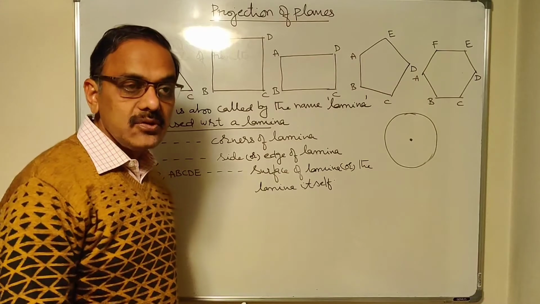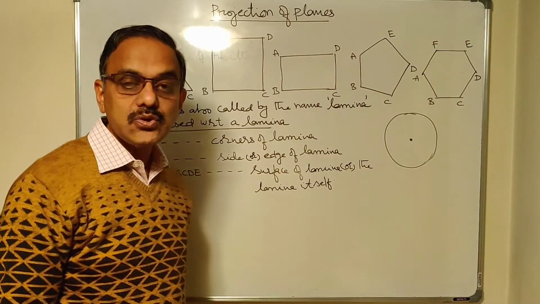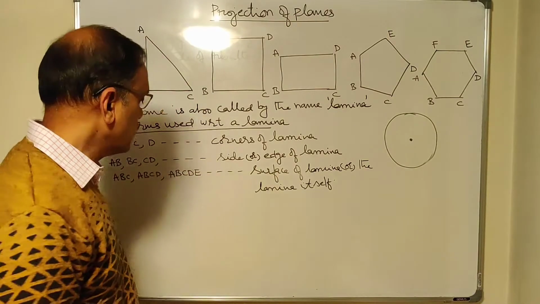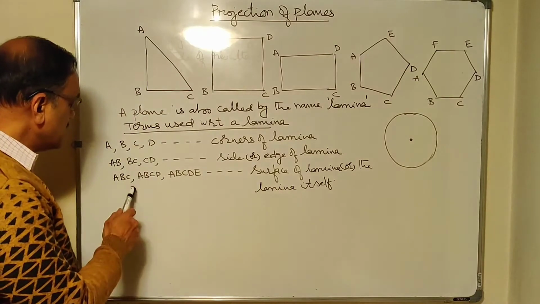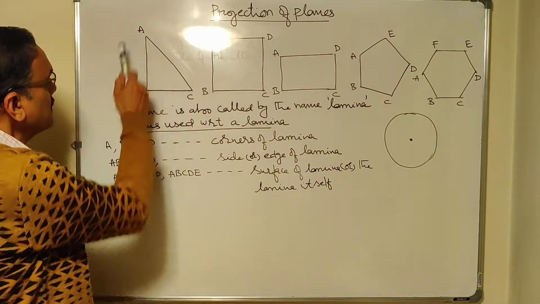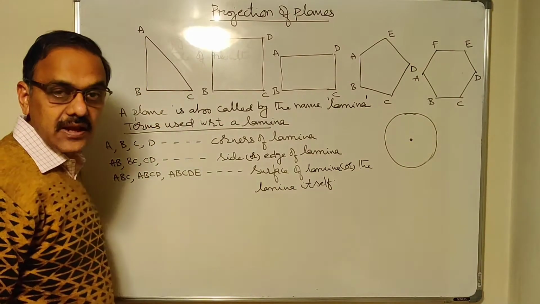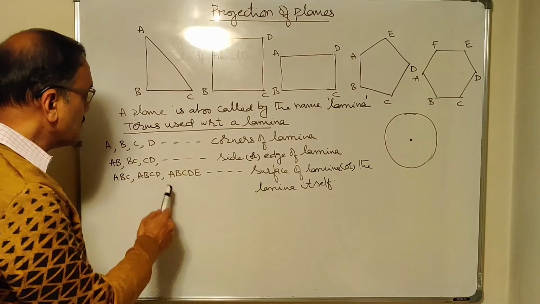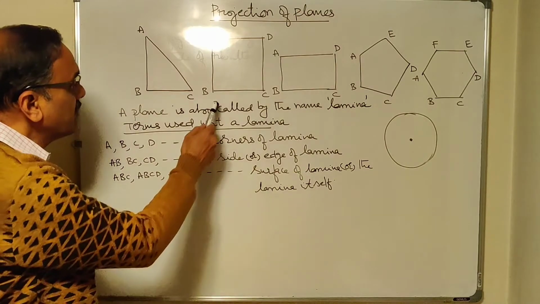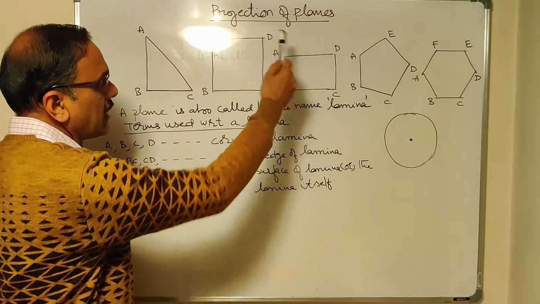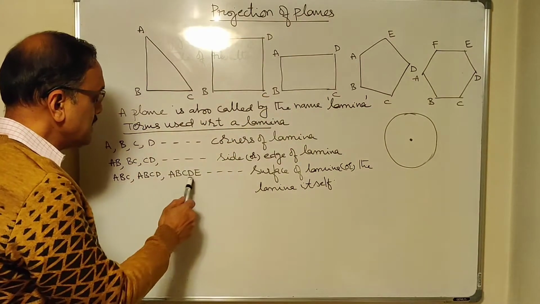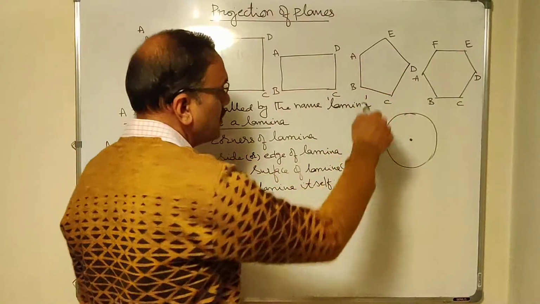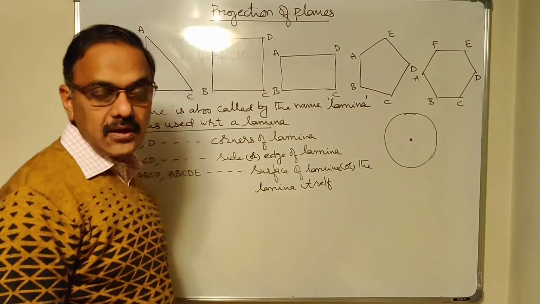Sometimes we use side, sometimes you can also use edge of a lamina. Then what is ABC? ABC is the surface of the lamina, or I can say it is the lamina itself. Similarly, ABCD is the surface of a square lamina or a rectangular lamina. ABCDE is the surface of a pentagonal lamina, and so on.